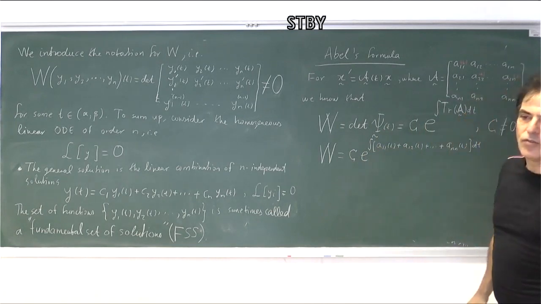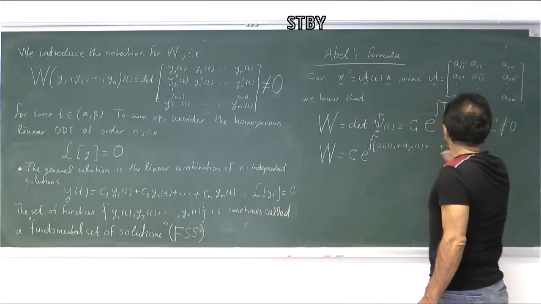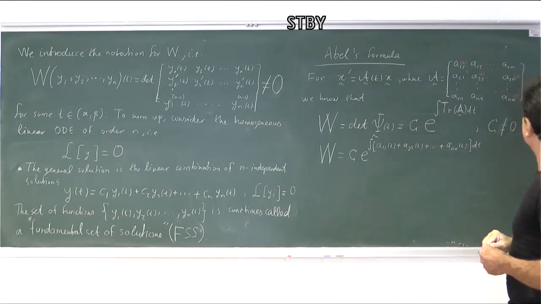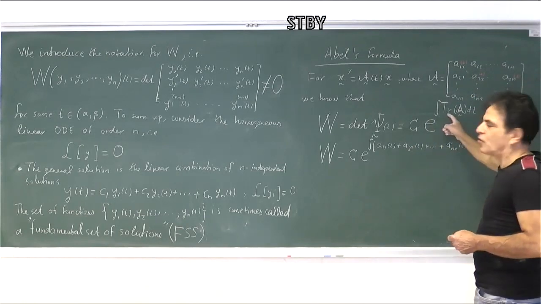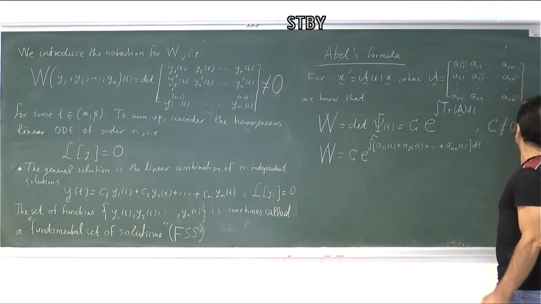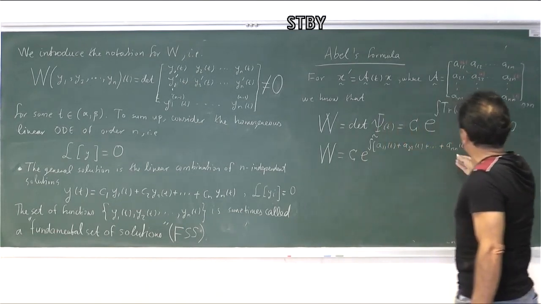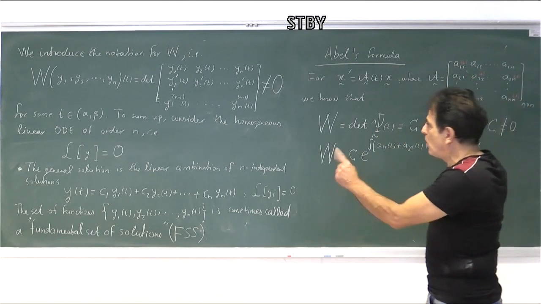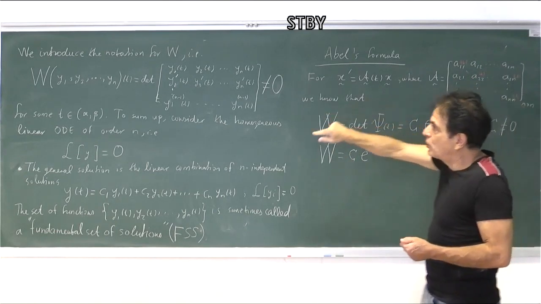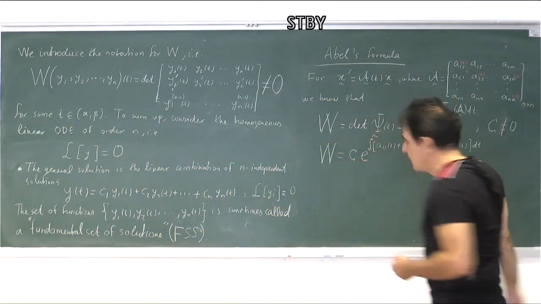This is very well known: the sum of diagonal entries is called the trace of a square matrix. Good. So this is known as Abel's formula. Recall that the matrix A corresponding to a linear ODE of order n has a particular form.